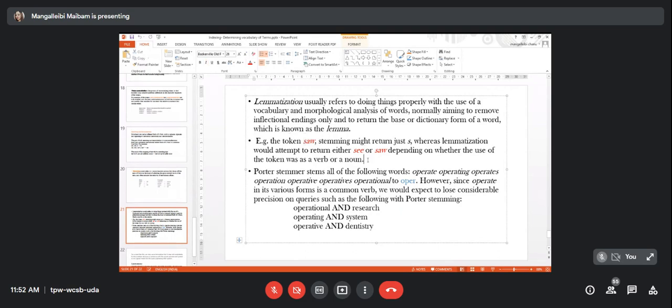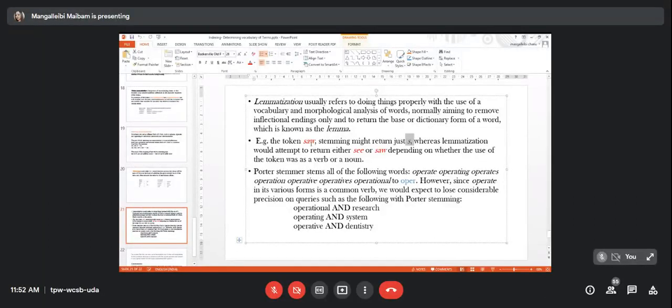Okay, one easy example is given here. So saw, if you perform stemming, sometimes it might return only S after chopping off the end of the word. So this does not give a correct meaning. This is not a meaningful term.